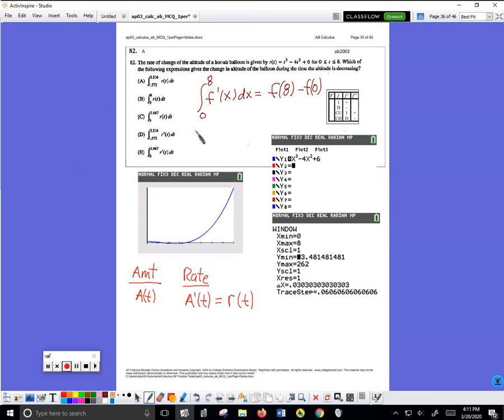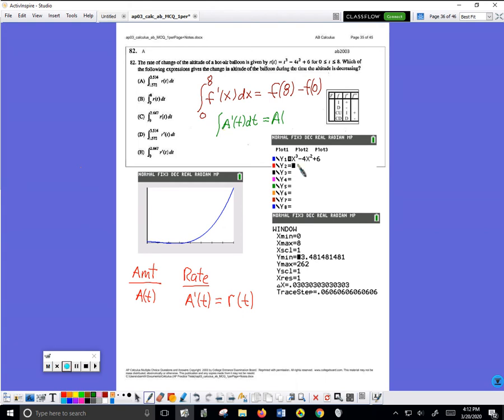So in this problem, we've got altitude is what we're talking about. So if we were to integrate the altitude's rate of change, that integral would be exactly the same as telling us how much the altitude changes during some time period. They're asking for the time period where the altitude of the balloon is decreasing.